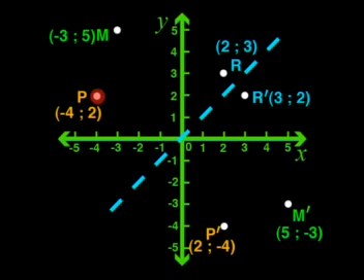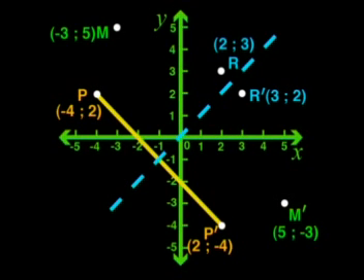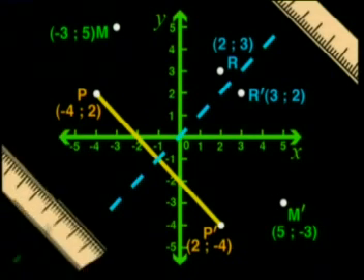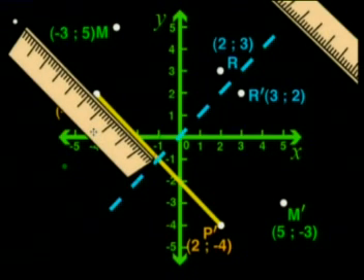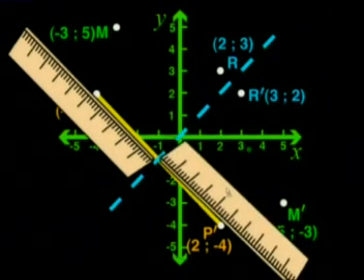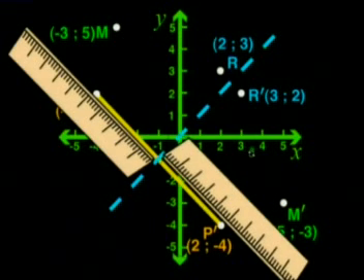Let's test this idea with one of the points we have already reflected in this lesson, point P. P was -4, 2, and its image P prime was 2, -4. Drawing a line joining P and P prime like this, measuring the distance from P to the mirror line, we get 4 centimeters, and the distance from P prime to the mirror line, we get 4 centimeters.